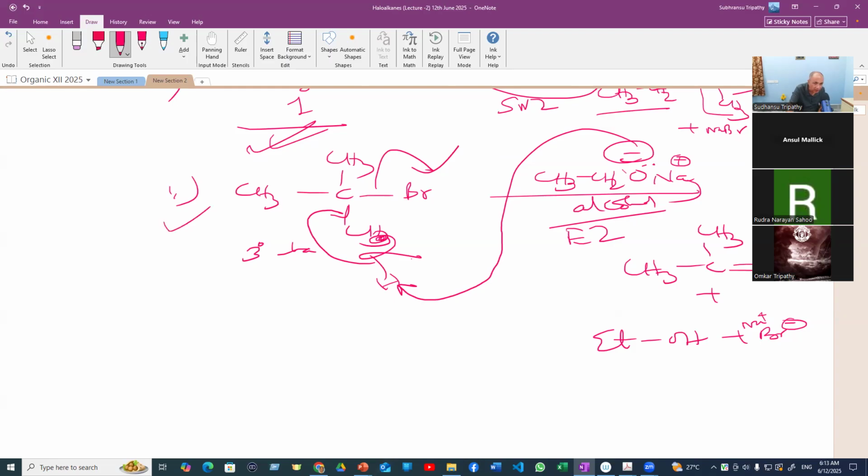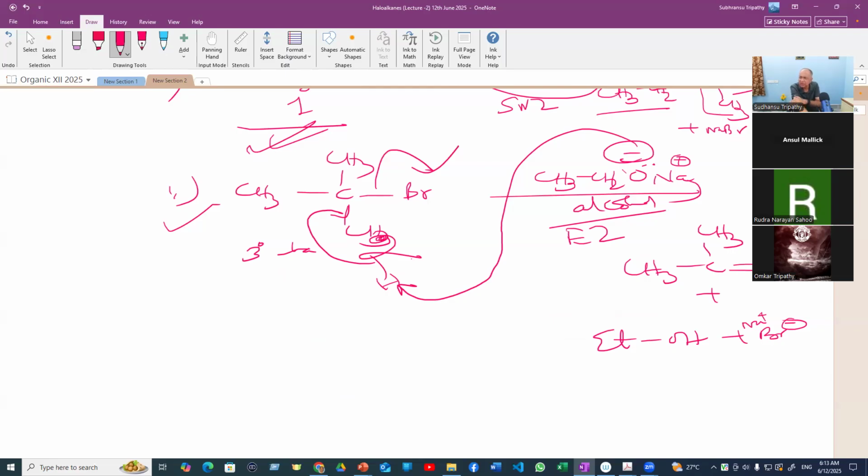Whenever you find a 3-degree halide and here a strong base, usually the conjugates of weak acids like water, like alcohol, like even alkynide ion, cyanide ion, amide ion, these are all strong bases being the conjugates of weak acids, HCN, ammonia, and alkyne, alkane.